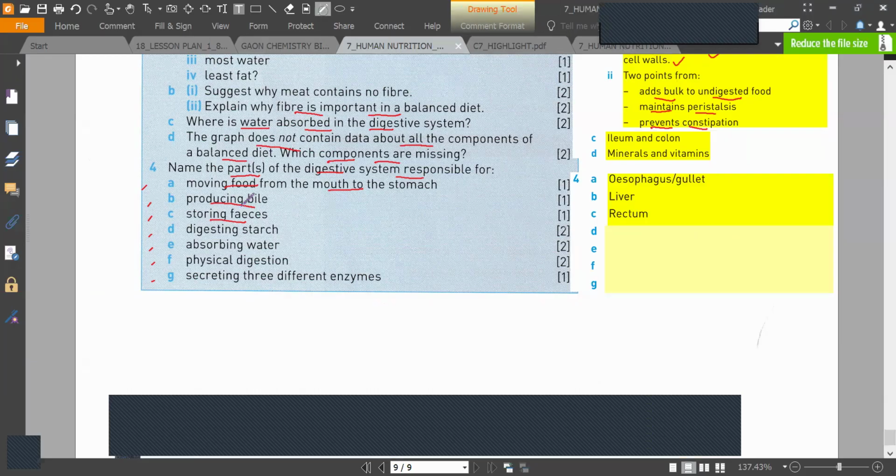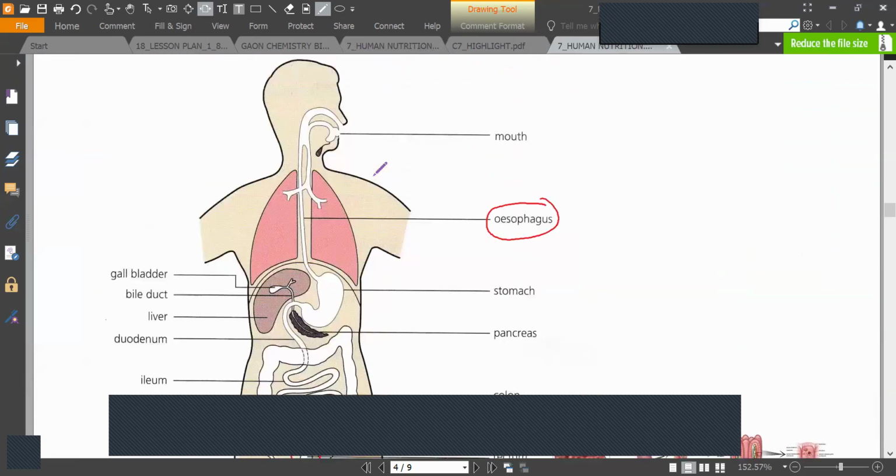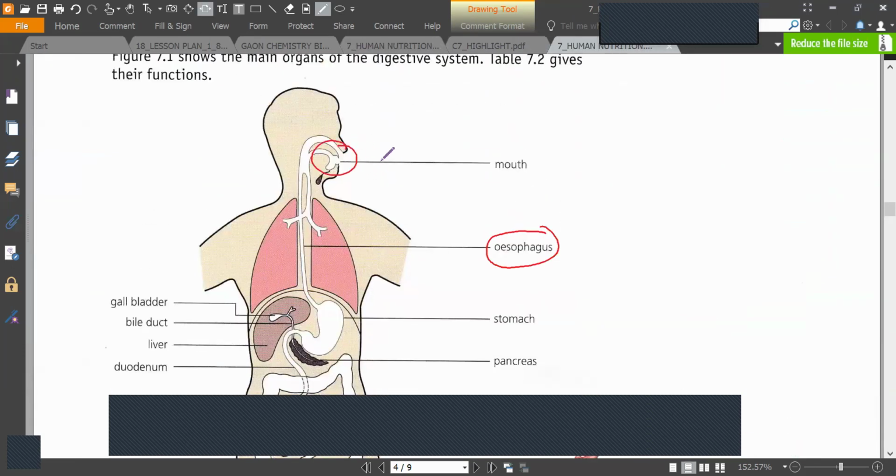Okay, next, digesting starch. So where does it happen? It happens at two main places. It happens at the mouth, salivary amylase.